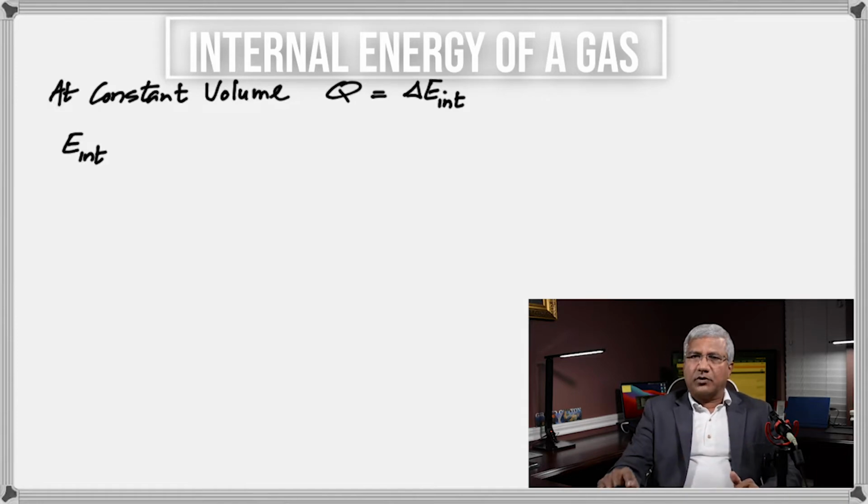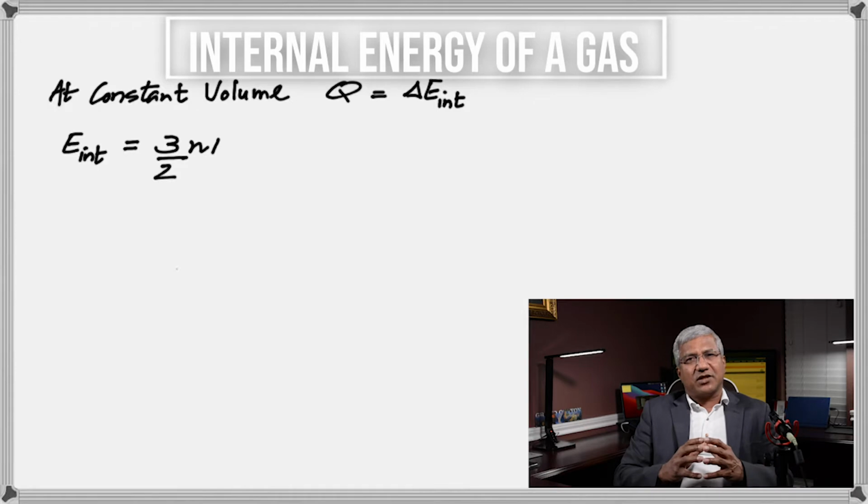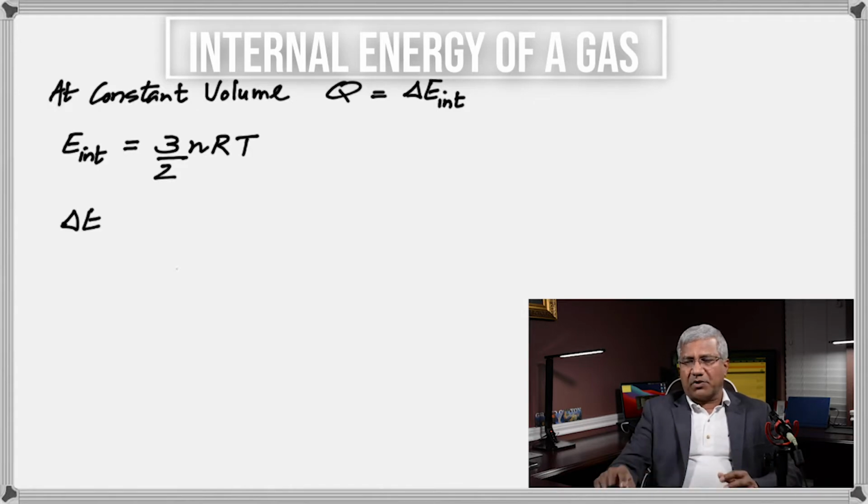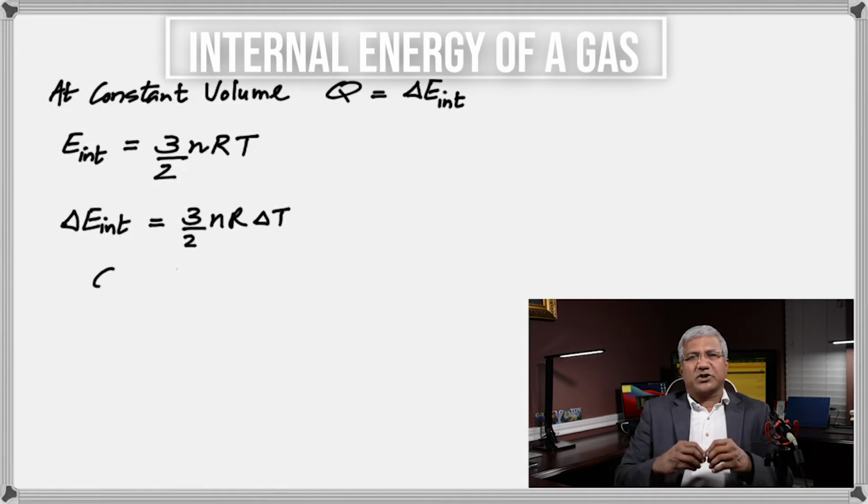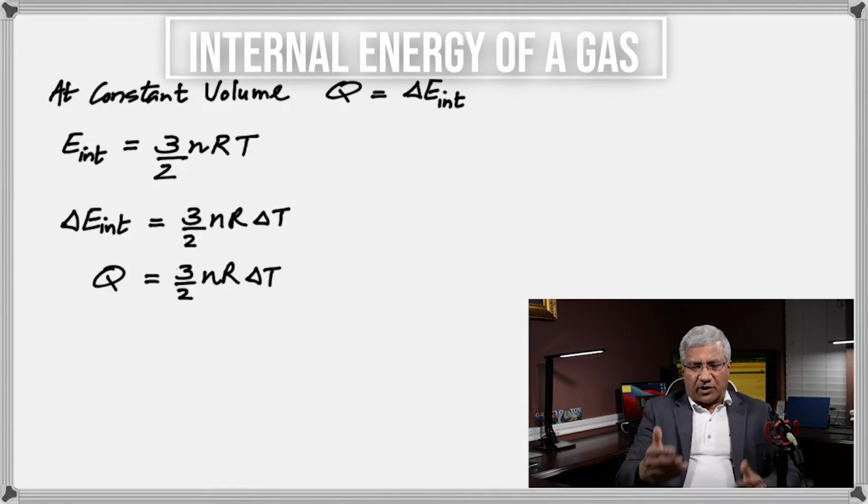And therefore, we can write that the internal energy is 3 by 2 nRT, which leads to the change in internal energy being 3 by 2 nR delta T, because the change here leads to a change in delta T. All of the quantities are constants: 3 by 2, n and R are constants.